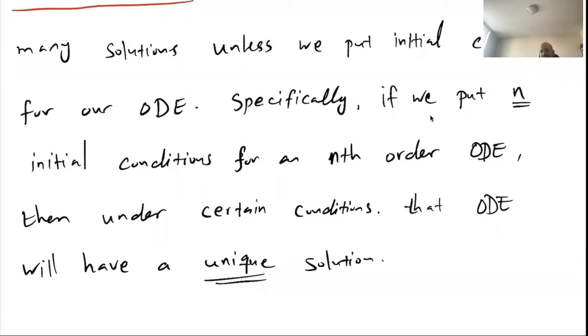But if you have, let's say, a second order ODE but only one initial condition, then you still have infinitely many solutions. If you have two initial conditions and a second order ODE, then you have a unique solution.